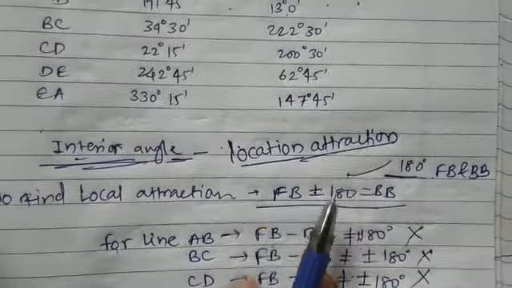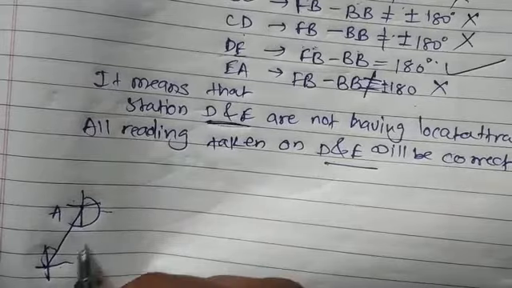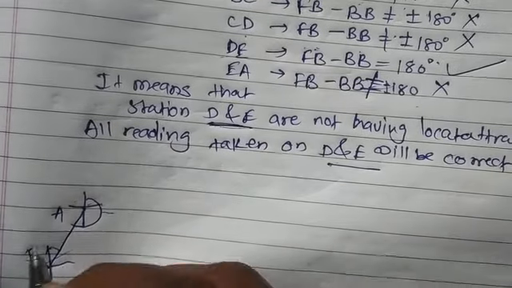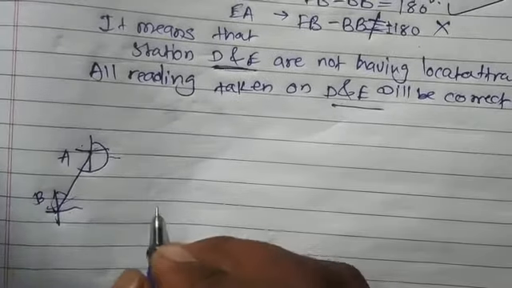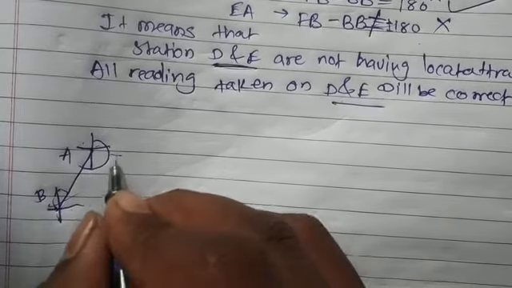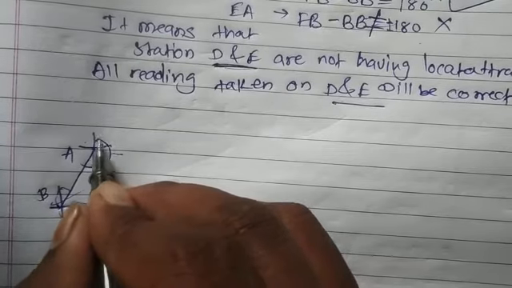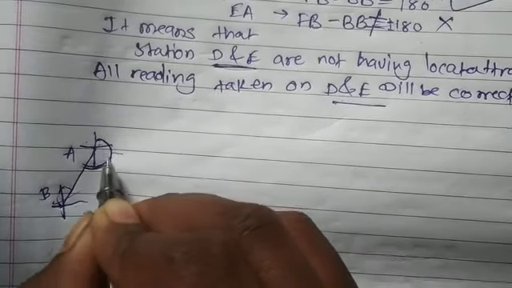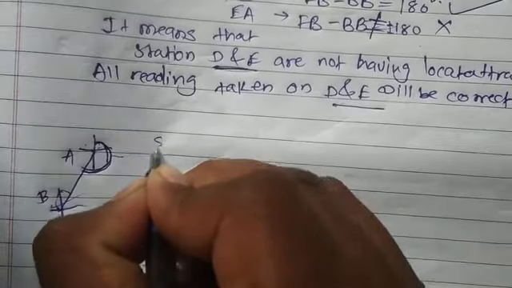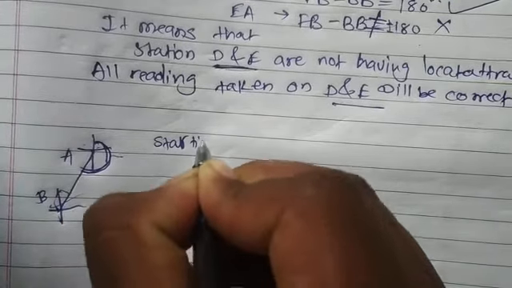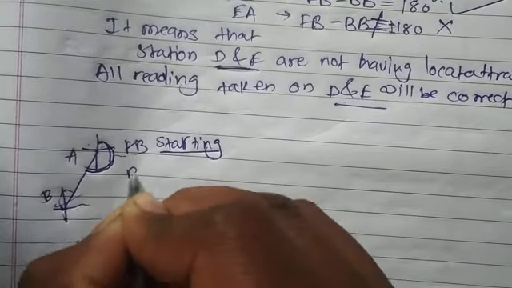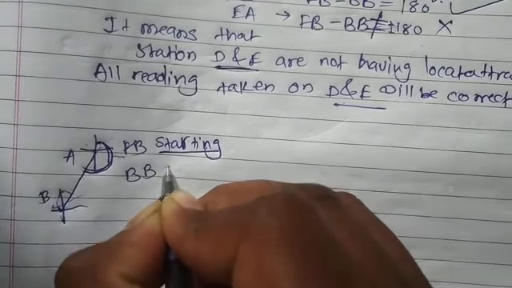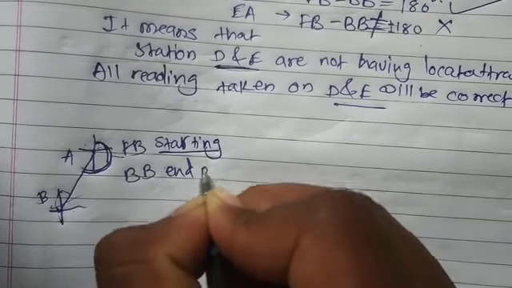For exact calculation, it is 13 degrees. The fore bearing of a line is the bearing taken at the starting point, and the back bearing is generally taken at the end point of the line.